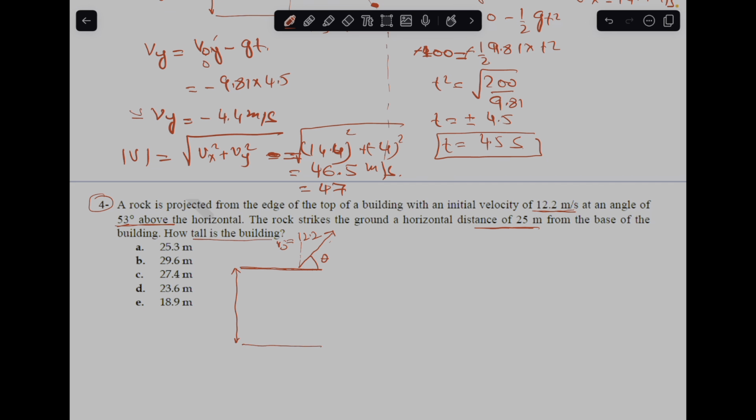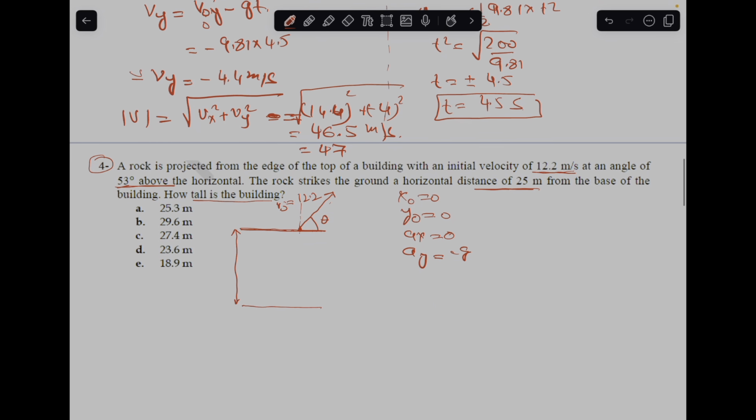This is your coordinate system. At this point x naught is 0, y naught is 0, ax is 0, ay is minus g, and this is theta naught, which is 53 degrees. We wanted to know this height.